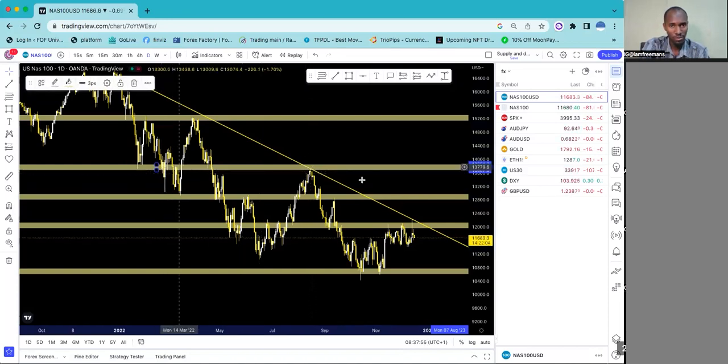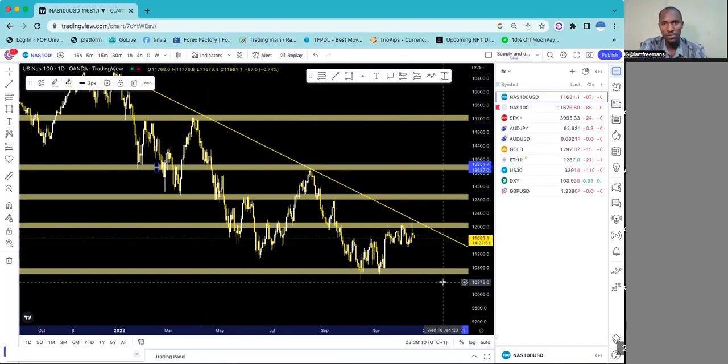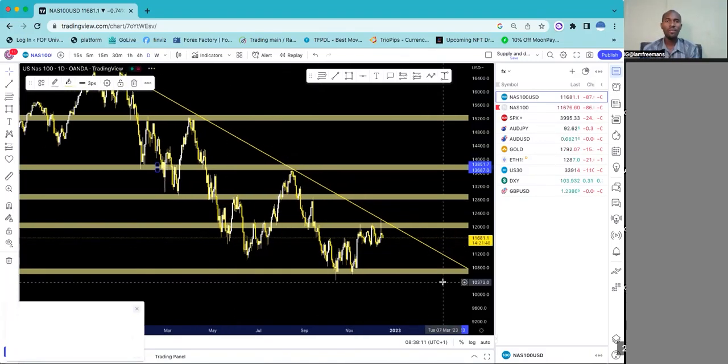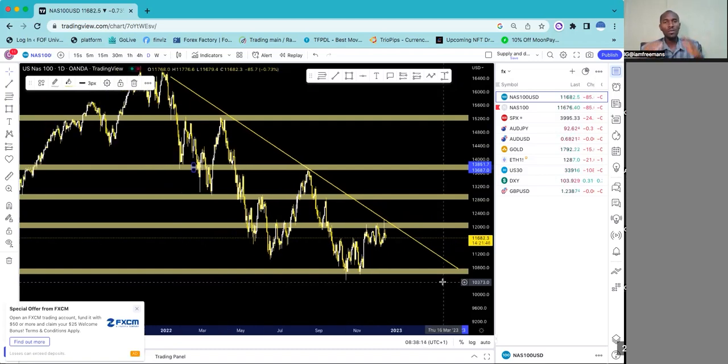Everybody knows that because you see what happened there. It touched here too, touched here, touched here. If you go way down to the left, it's still touching it. The same thing here. Good. So now on my daily time frame, I know that when it comes to any of these key levels, it's literally going to react.